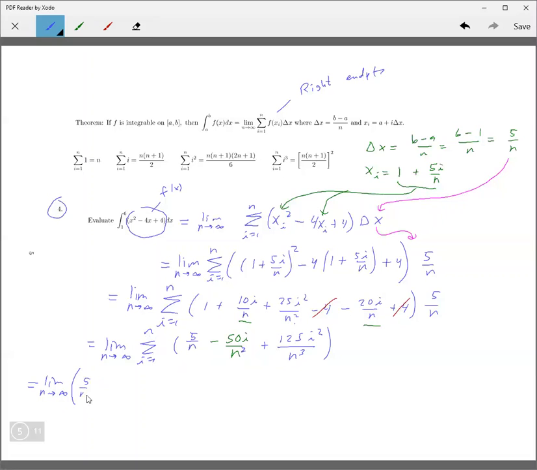I can factor this part out and just have a 1 inside. Then I can factor this part out. I can't take the i out though, because i varies under here, from 1 to n. But I can take all the constants out.